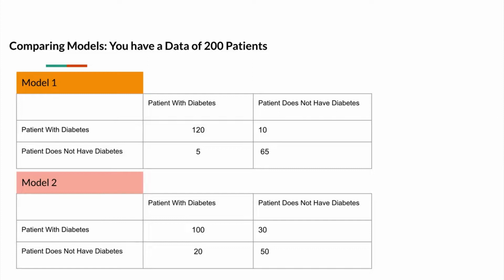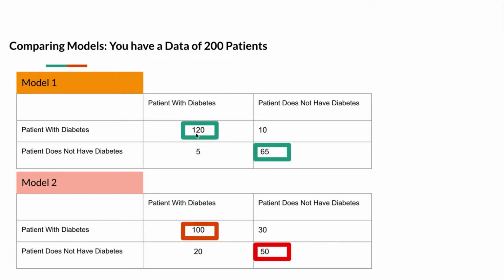Now confusion matrix is great to compare machine learning models. Let's say you have a data of 200 patients and you run two models to classify patients with diabetes. Now if you see, model 1 has better accuracy than model 2.